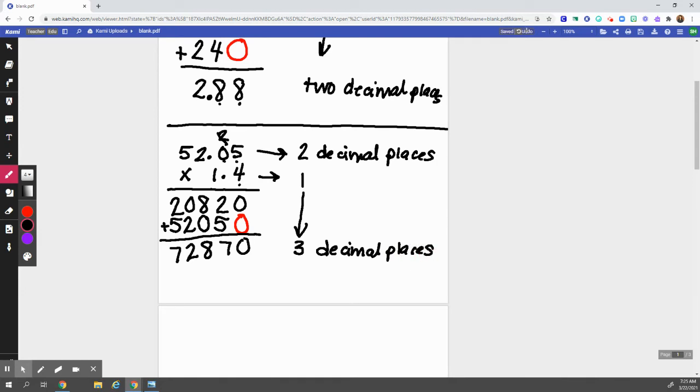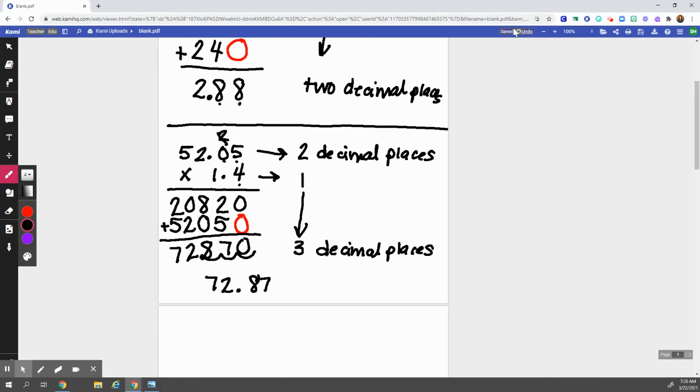So we're going to go ahead and count from the right. 1, 2, 3. The decimal goes right there. So it should be 72 and 87/100. And we don't need that 0 as a placeholder. If we had the 0, that would be our third decimal place.